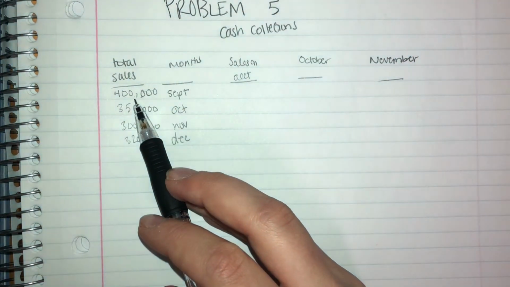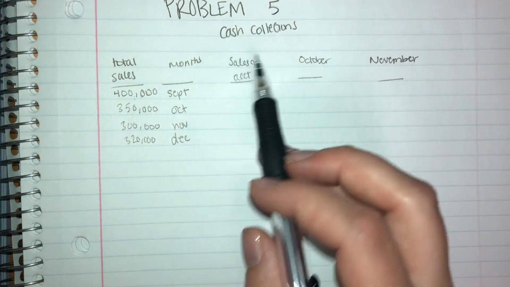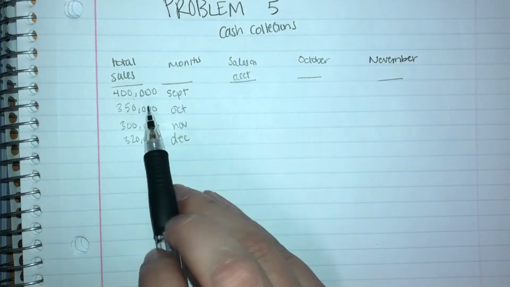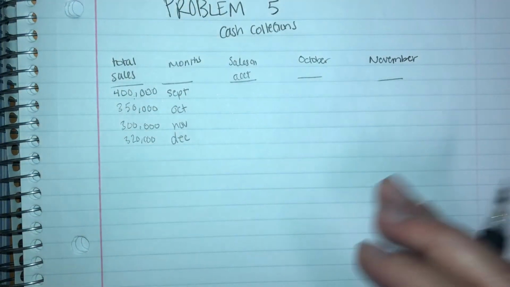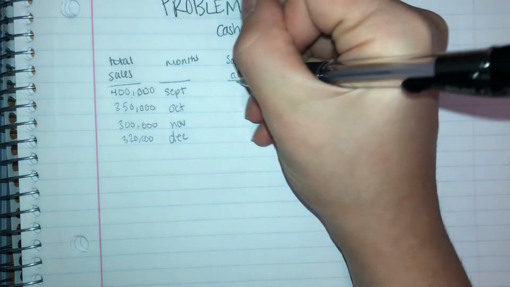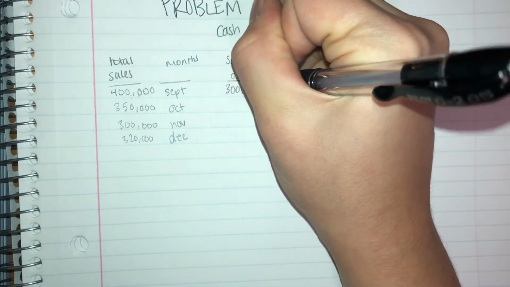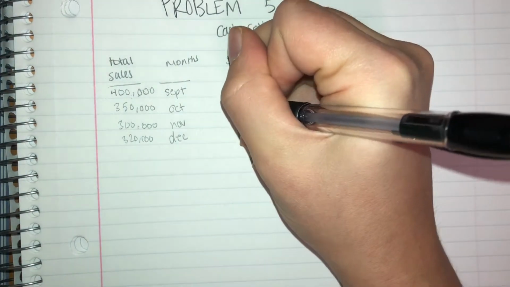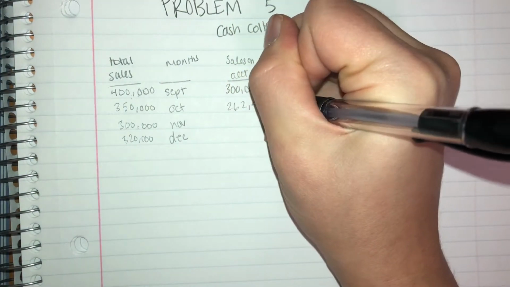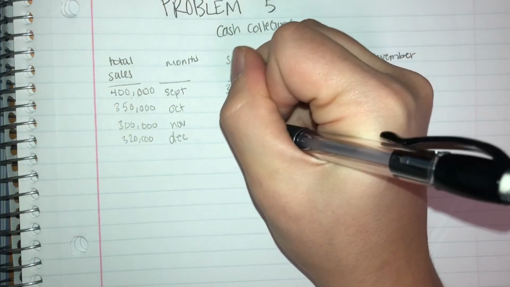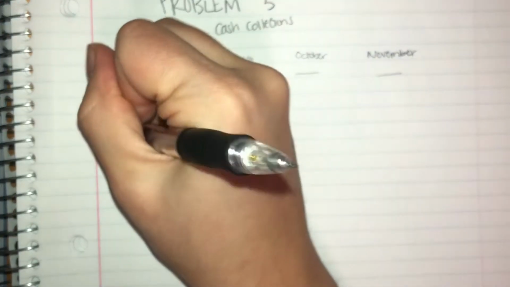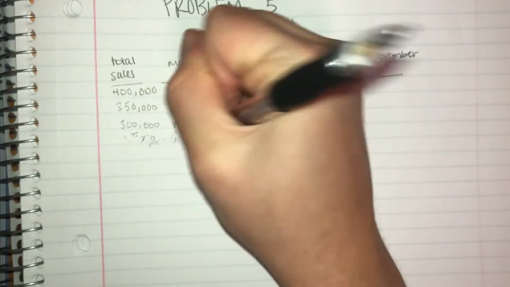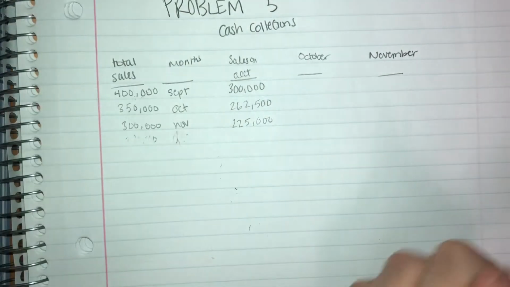But you could also do 400,000 times 25% and then reduce 400,000 by 25% if it makes more sense to see the full process. So I got 300,000, 262,500, and 225,000. I just realized I didn't need December, so I erased that.